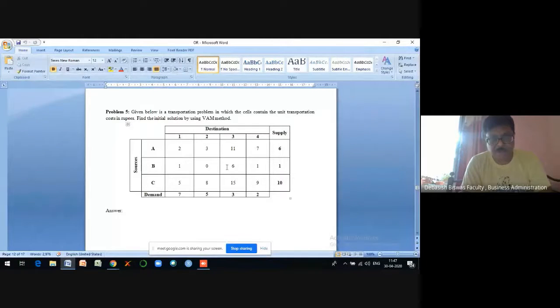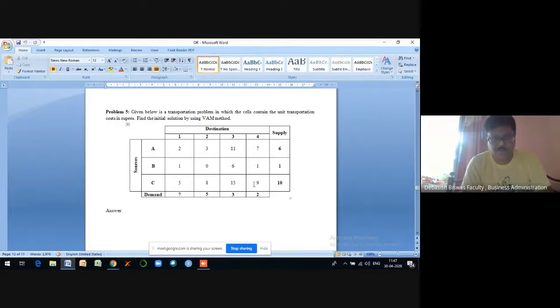In the same way, in this row, the 2 smallest elements are 1 and 0. Therefore, we take the difference 1 minus 0 and write it here.